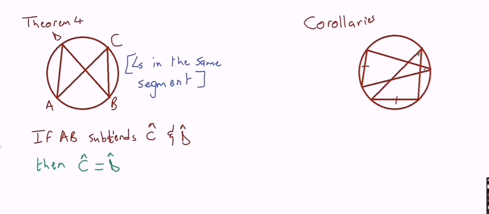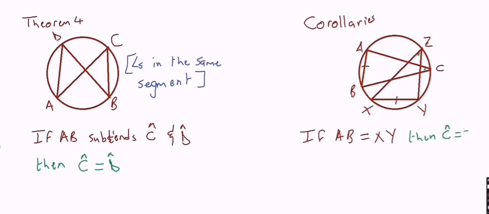Let me give these vertices names A, B, C, and X, Y, Z. So if AB is equal to XY, then C will be equal to Z. Okay, because it's almost like angles in the same segment.